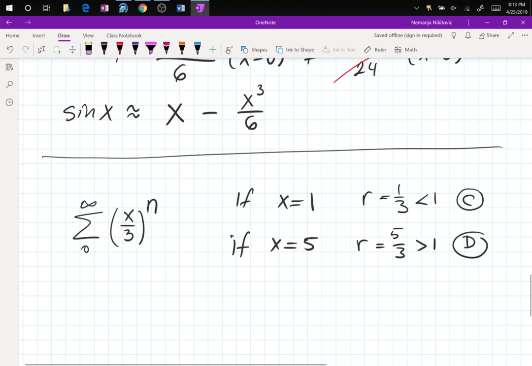So, in this particular example, I already figured out that if your x is between -3 and 3, the power series converges. If it's out of that bound, it diverges, because you will have r's that are outside of the bounds.